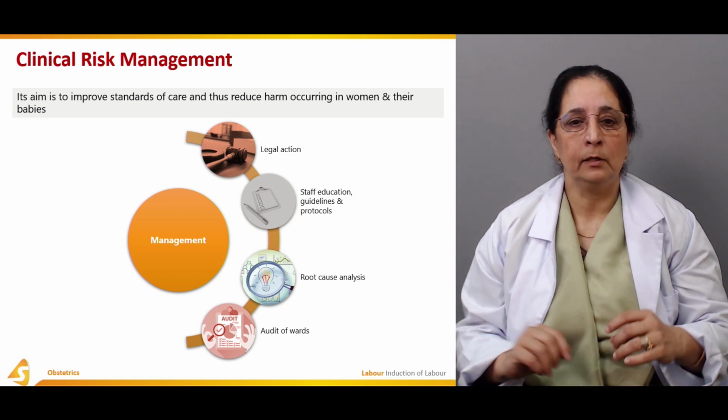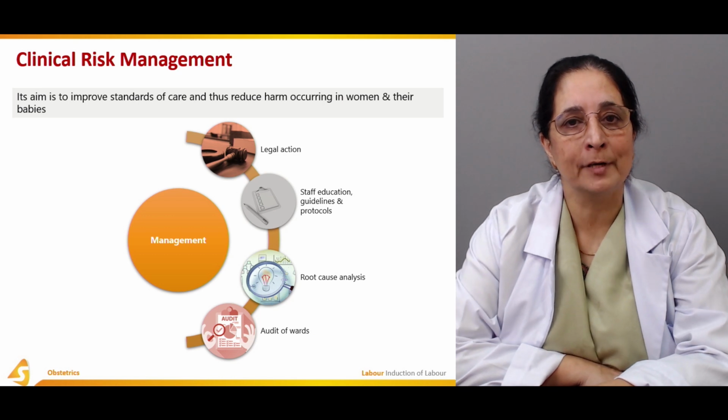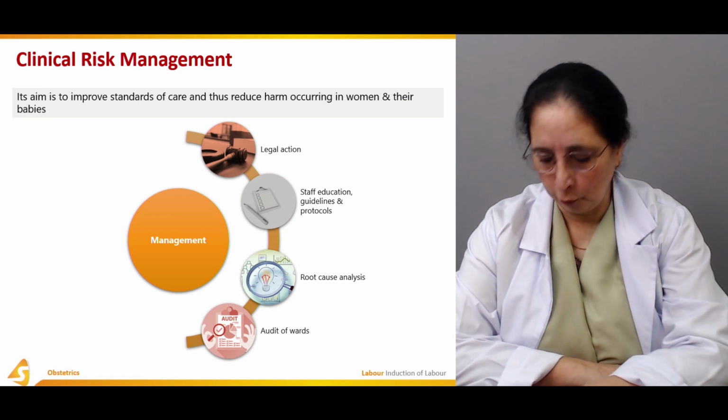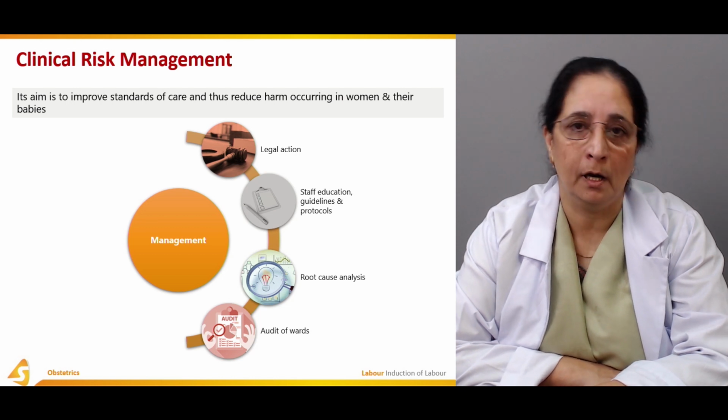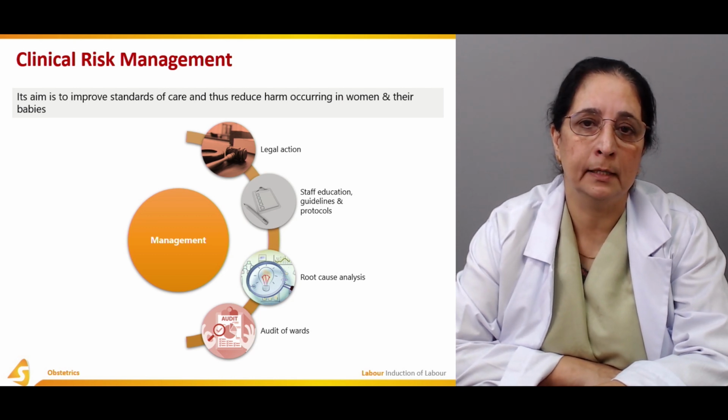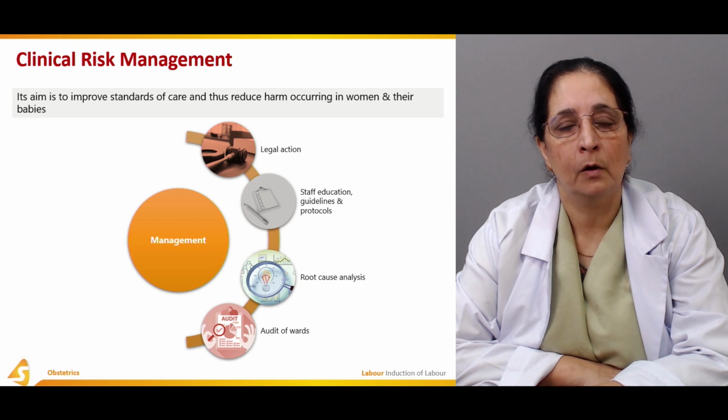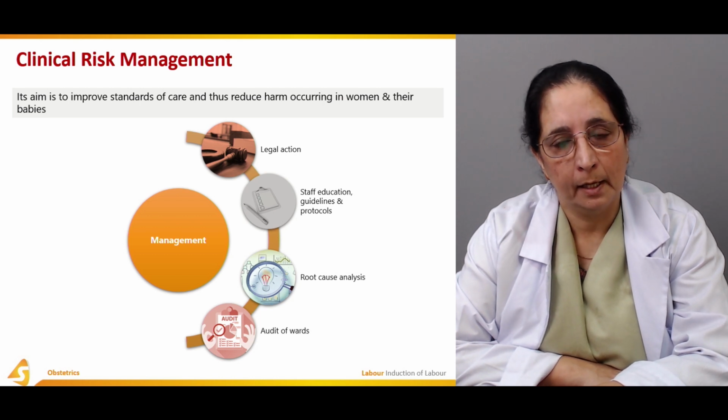So all these are included in clinical risk management, to improve the standards of care and to reduce the harm that occurs to the mother and the baby during delivery.